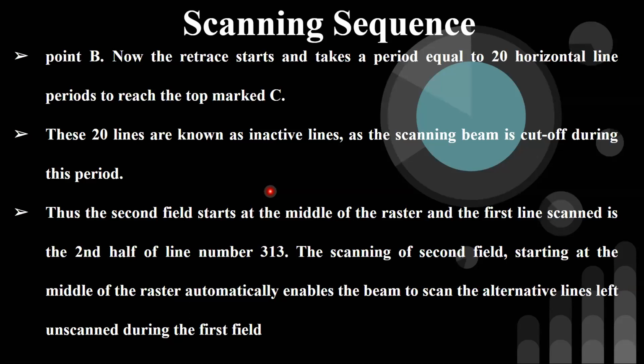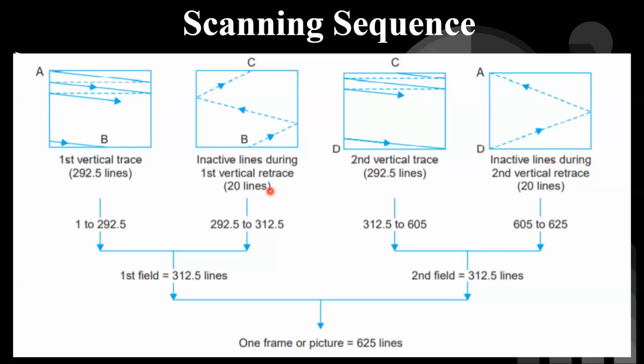So out of this 312.5, 20 lines are reserved for inactive lines for the first vertical retrace. Similarly, for the second field, 20 lines are kept for inactive lines during the second vertical retrace.